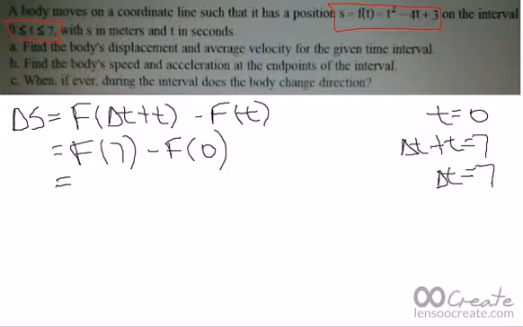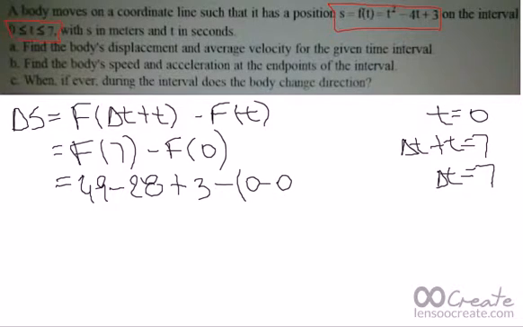Using the f of t that we have, 7 squared will be 49, minus 7 times 4, 28, plus 3, minus, now 0 squared is 0, minus 4 times 0 is 0, plus 3.